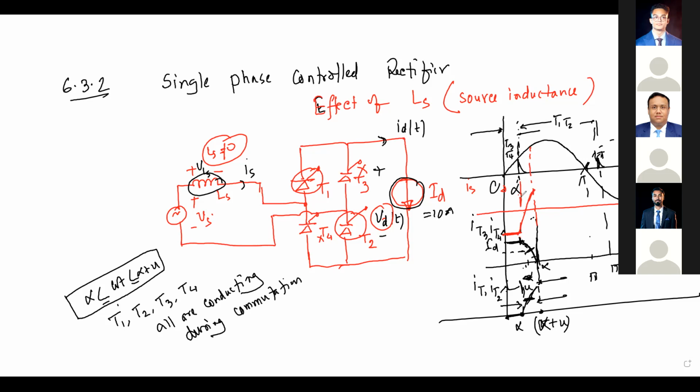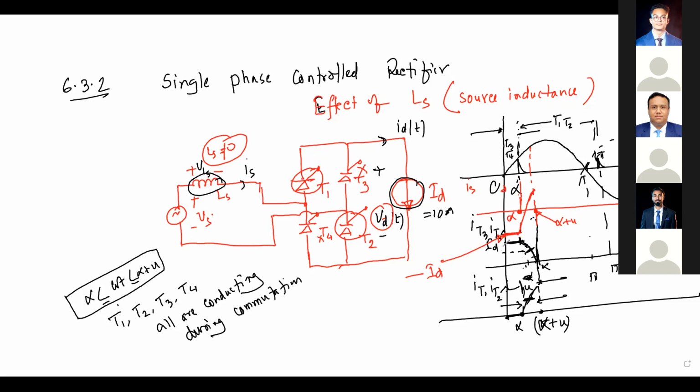So this point is alpha. This point is what? Alpha plus U. So at omega t equal to alpha, what is the current then? Minus ID, right?